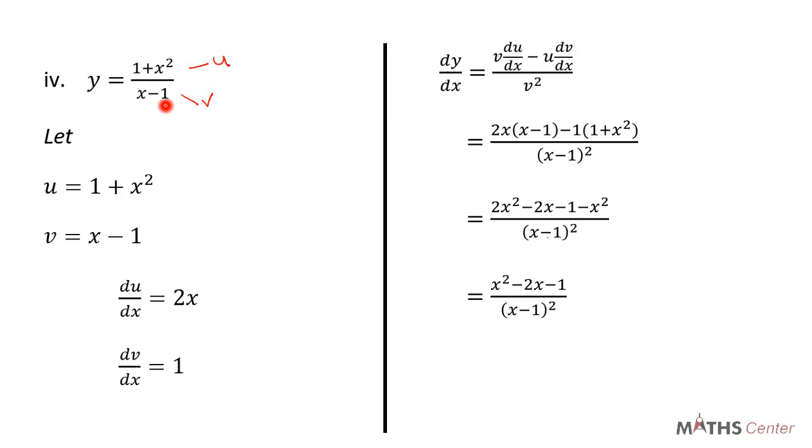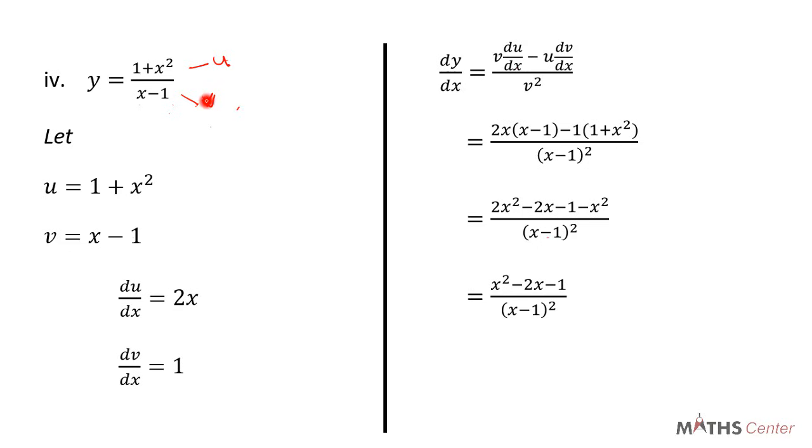You keep the denominator v, you differentiate the numerator, du dx, then minus, you keep the numerator u, you differentiate the denominator, dv dx, then after that divided by the denominator squared.